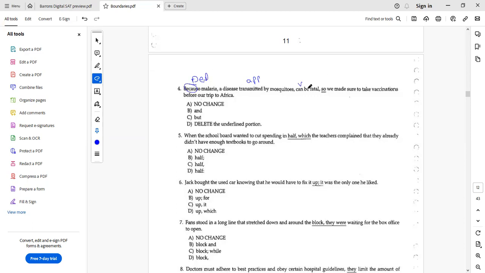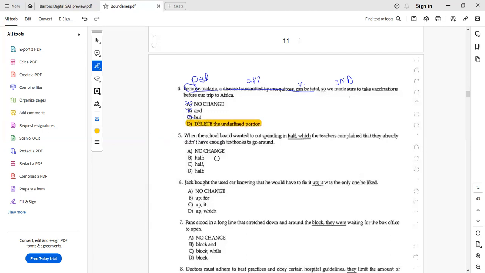The verb is here. So we made this independent. So we have dependent, then independent. If you write a comma and so, this is going to be wrong. Can we write and? The same thing. Can we write but? The same mistake. So what are we going to do? Delete so. Delete the conjunction.